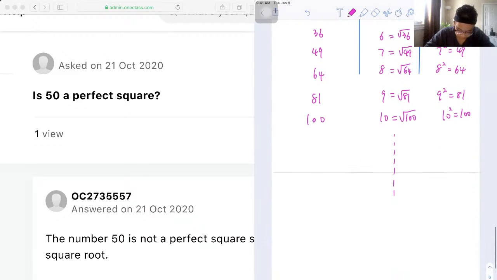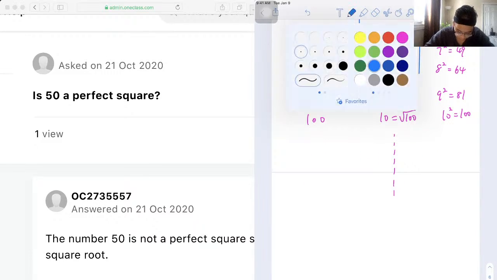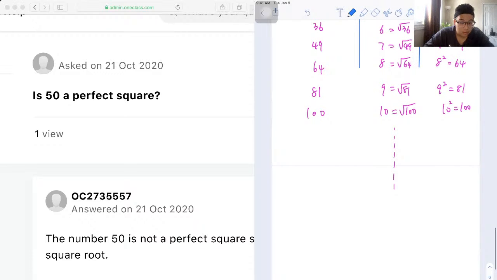Let's just write a couple more. 121 is also a perfect square, and if we take the square root of 121, it's going to be equal to 11. So 11 to the exponent of 2 is 121.